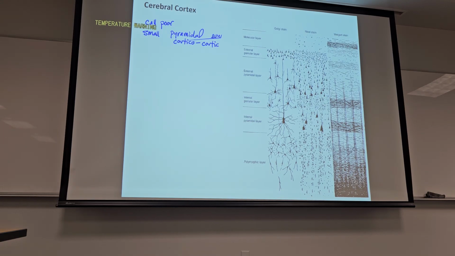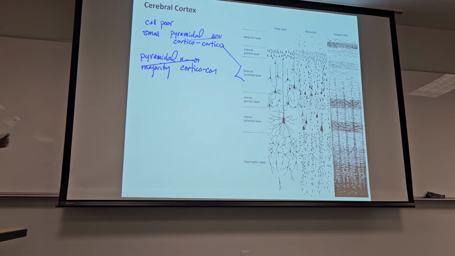The external pyramidal layer is also similar. These are larger pyramidal neurons, and these are the majority of cortico connections.